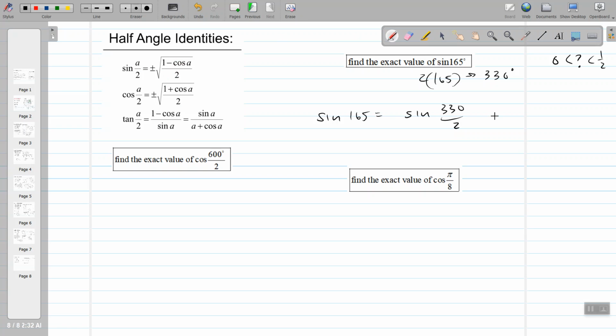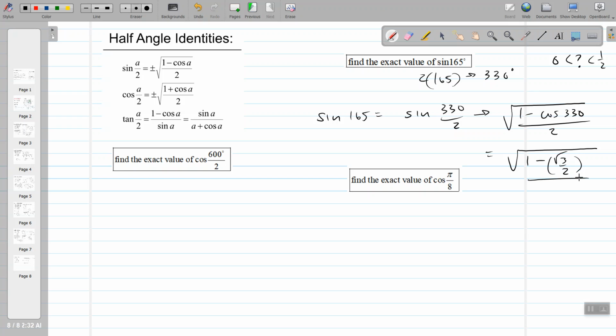So this is going to equal the square root of 1 minus cosine of 330, all over 2. 1 minus cosine of 330, I believe, is going to be 1 minus rad 3 over 2. Let me just write that a little bit nicer.